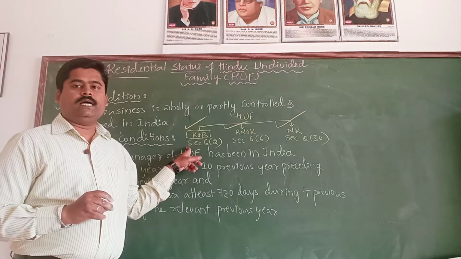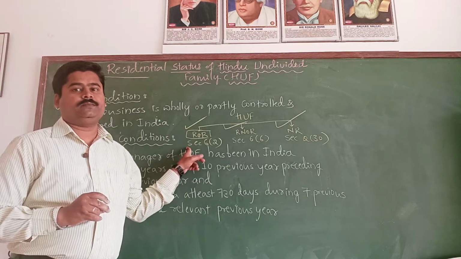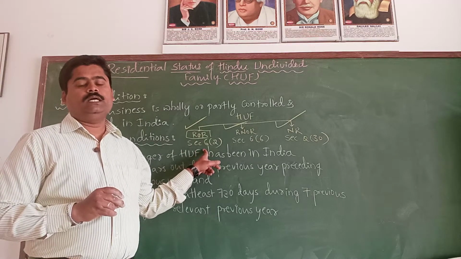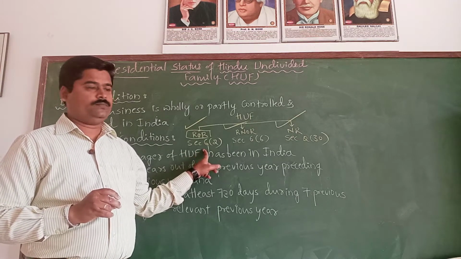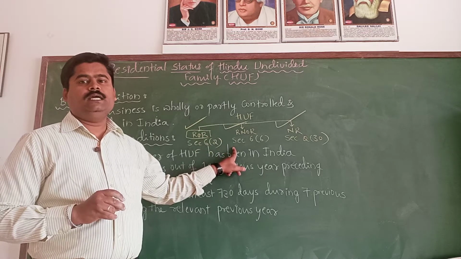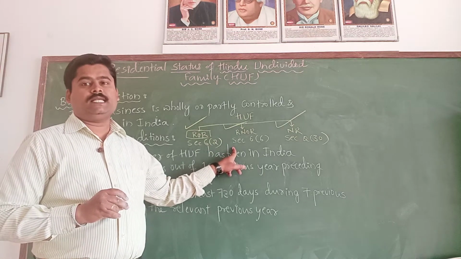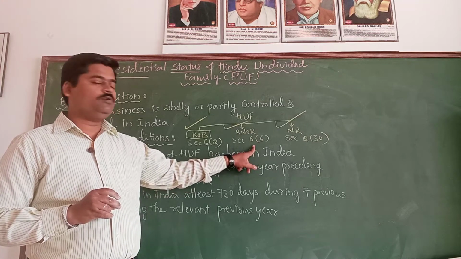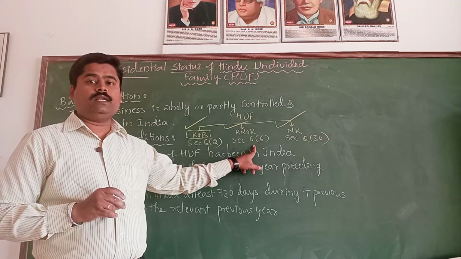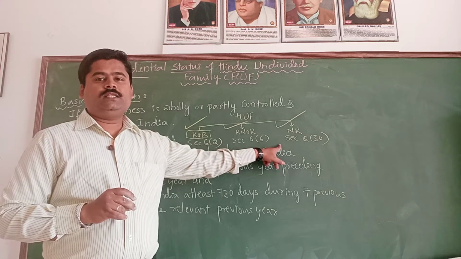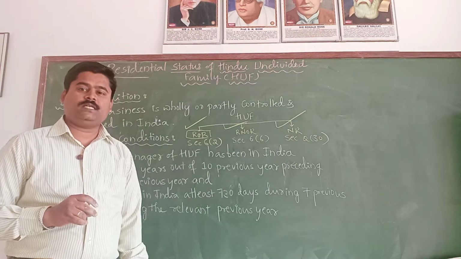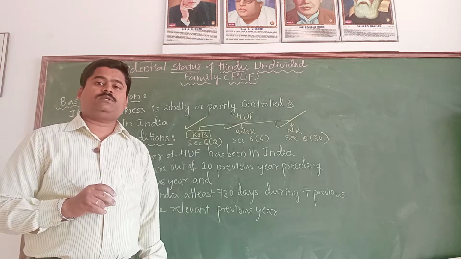One is resident, ordinarily resident, which Section 6 subsection 2 states. The second is resident, not ordinarily resident, which Section 6 subsection 6 states. And the third is non-resident, which is covered by Section 2 subsection 30.